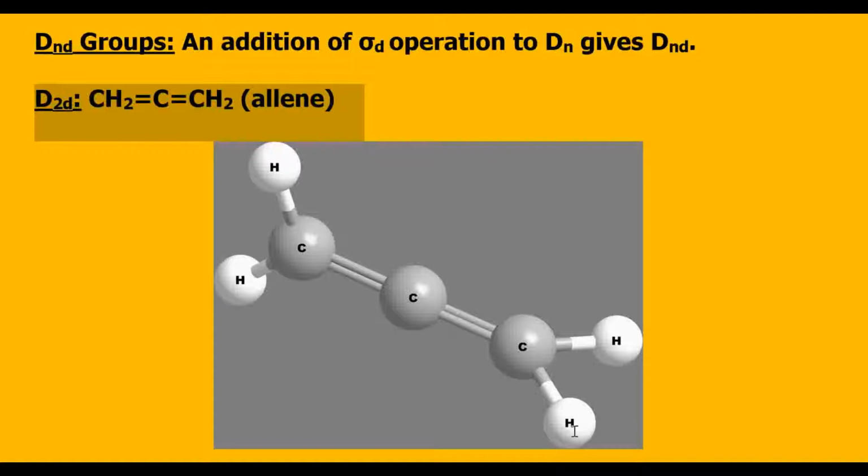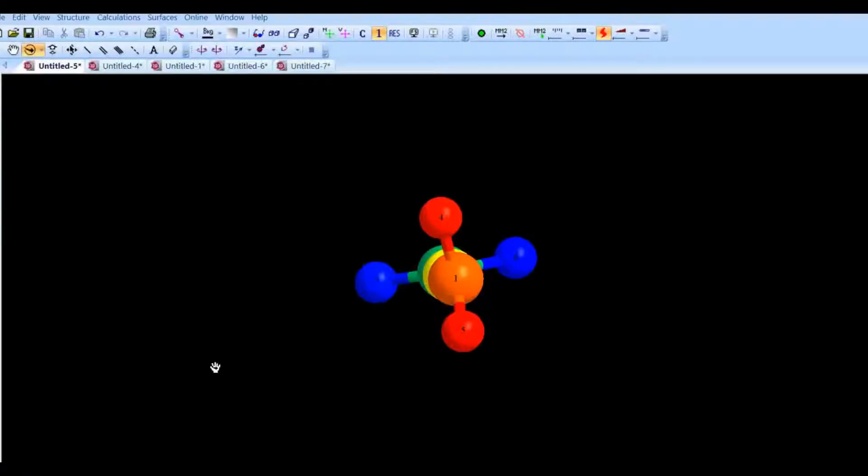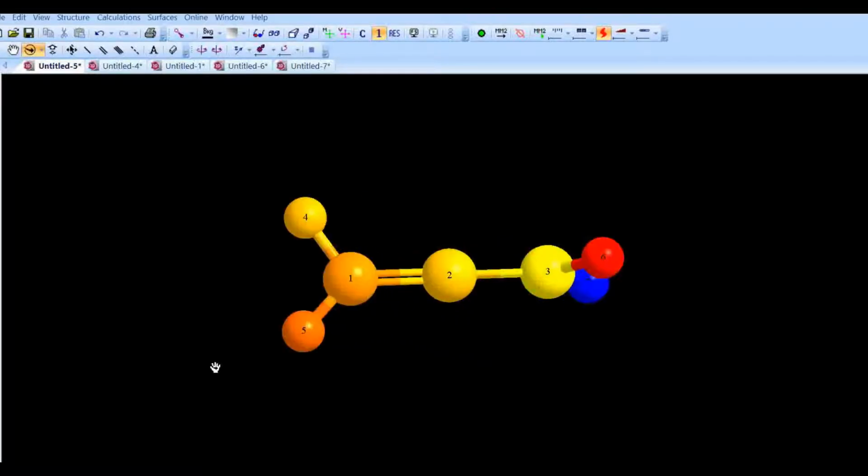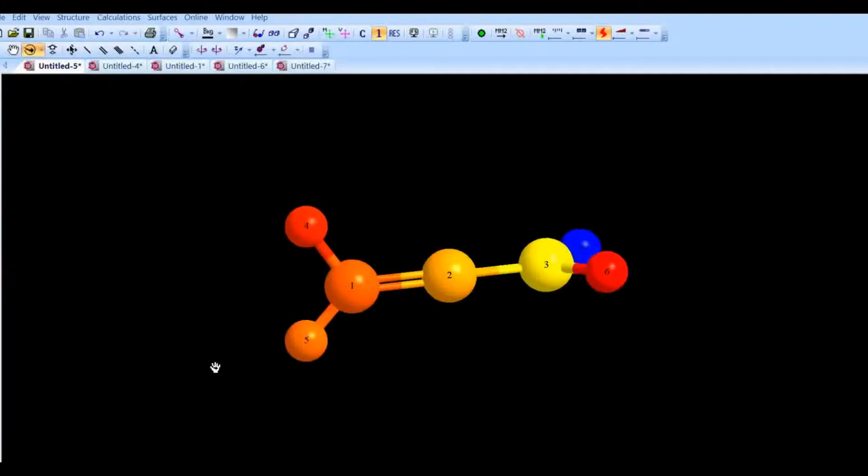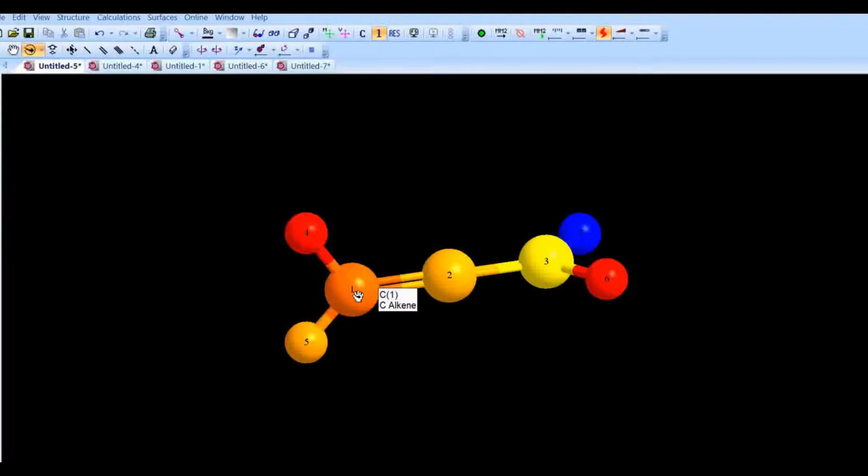So let us see the 3D video of this molecule, then perhaps you will be able to understand this in a better way. This is our allene molecule. I have not shown the symbols of the atoms. Instead, I have given only the numbers. But you know, this 1, 2 and 3 are the carbon atoms, whereas 4, 5, 6, 7 are the hydrogen atoms.